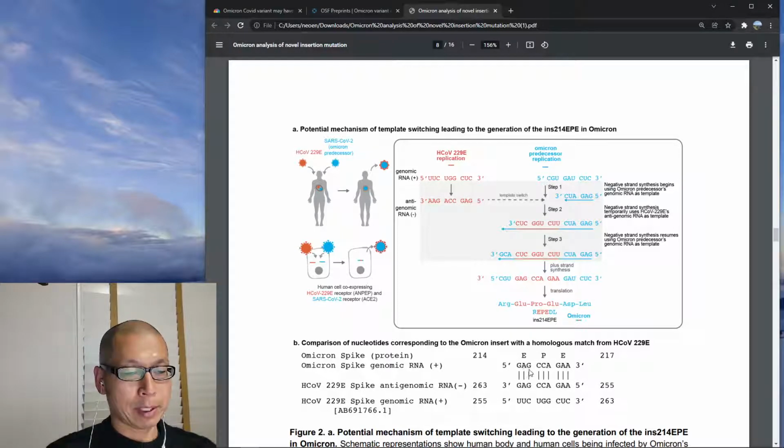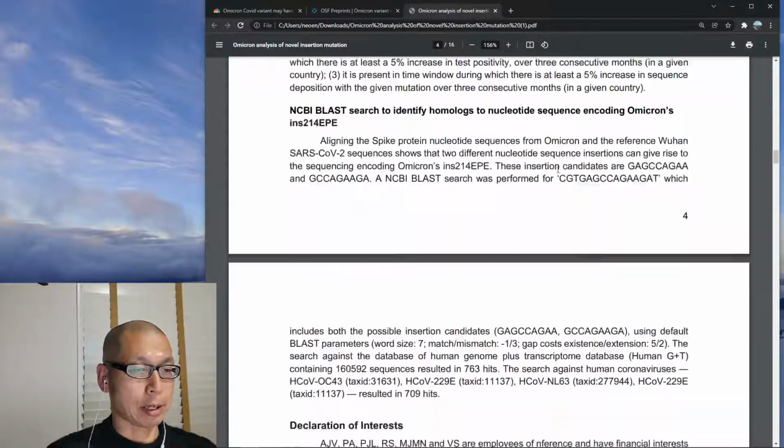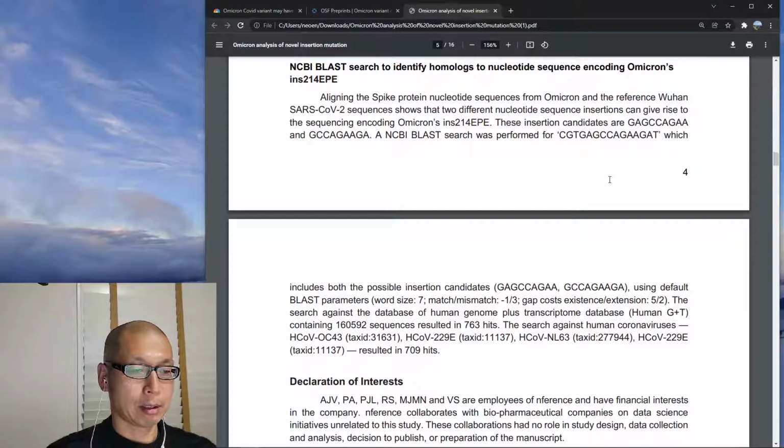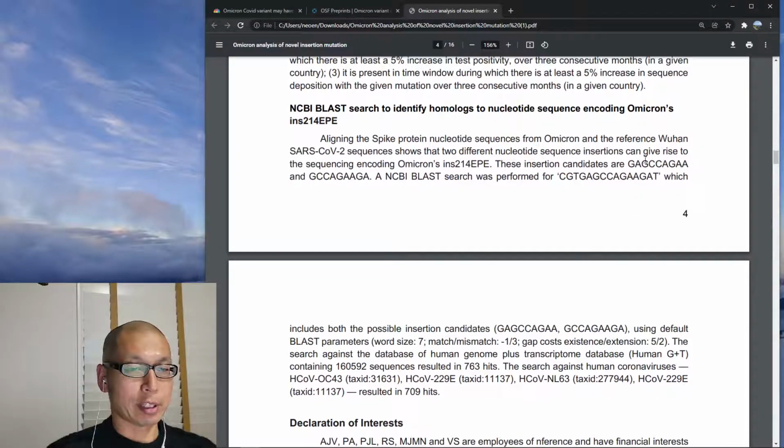So they did a search through all the known genomic libraries for this sequence. The insertion candidates are this and this. They looked for that, and they found that within the human genome, there were 763 hits.